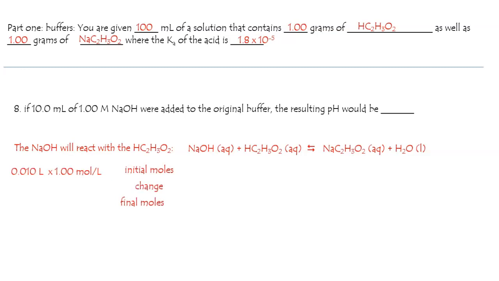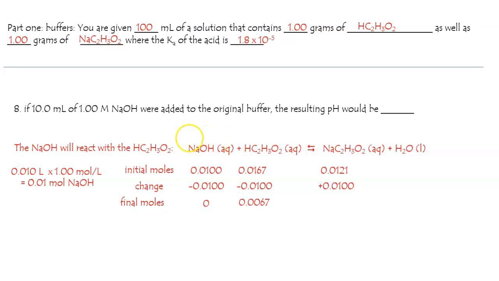And when we set up our ice table, once again, 0.01 moles of sodium hydroxide, and more than that for the acetic acid. We do have some sodium acetate in there, don't forget about that. And all of the sodium hydroxide reacts with the acetic acid, leaving us with only 0.0067 moles of acetic acid. That's what we're using here.